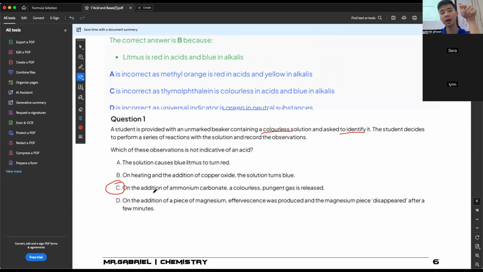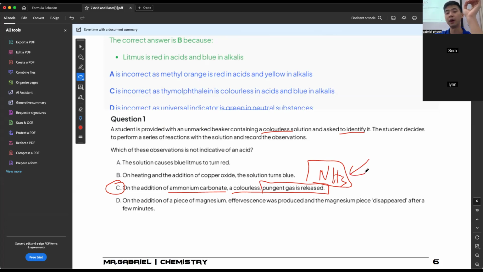Okay, for this one, addition of ammonium carbonate and a colorless pungent gas is produced. What do you think this pungent gas is? No, it's actually ammonia, NH3. This ammonia itself is a base by nature. So this is not an indicative observation of acid.